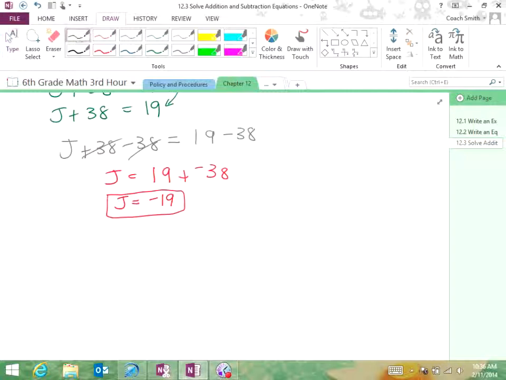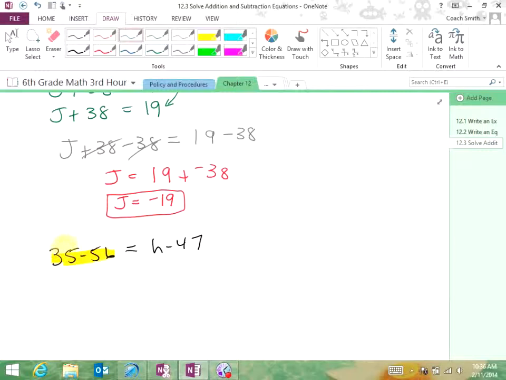Let's look at this one. 35 minus 56 equals H minus 47. Okay. Now, over here we must do this first.